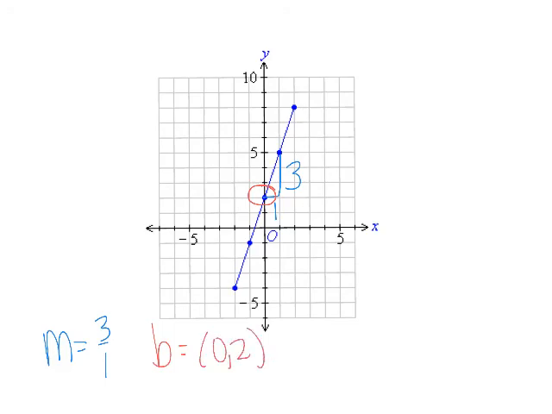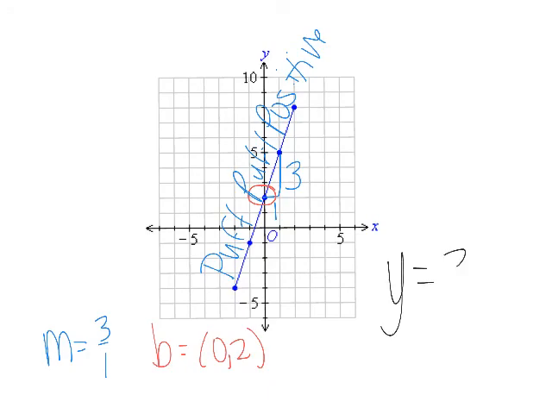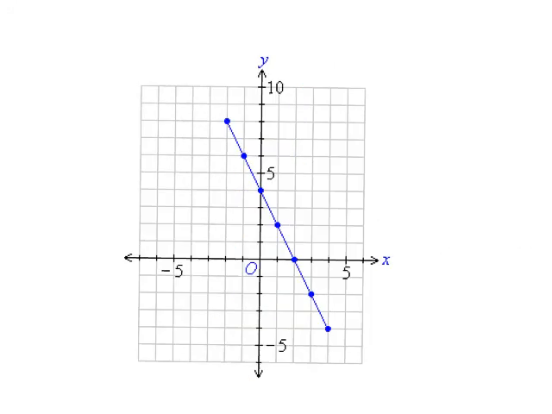What would Slope Dude say? Don't forget to ask yourself that. He would say, puff, puff, positive. So that means our slope is positive 3. I should have done that when I found the slope. Sorry. So now we plug everything into our equation. Y equals 3x plus 2. That's it. We can do this.